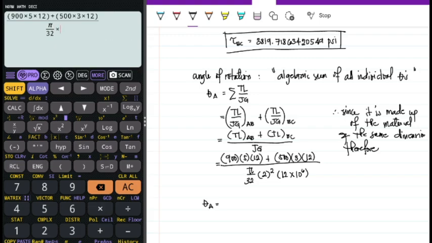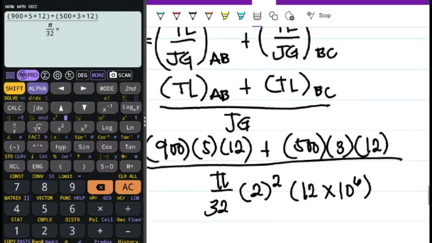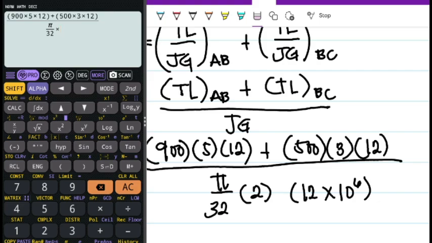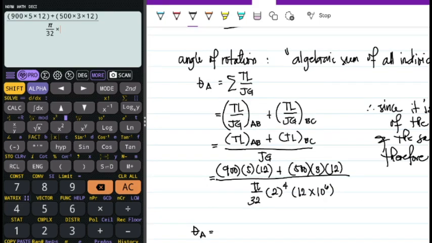Also, just some correction: the diameter should be raised to the fourth power.